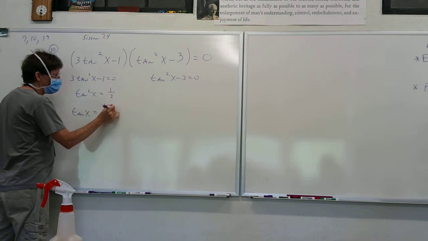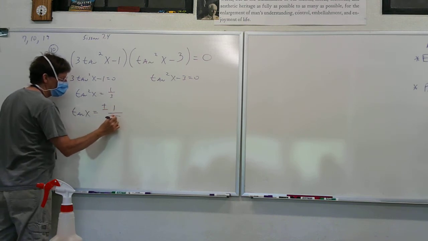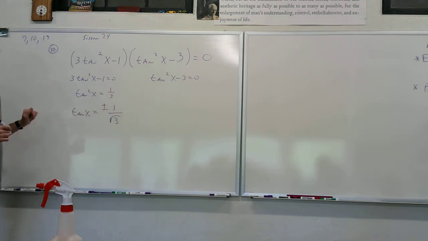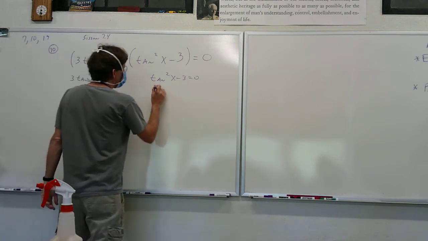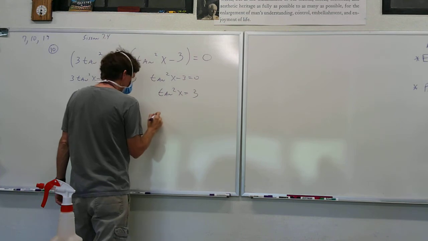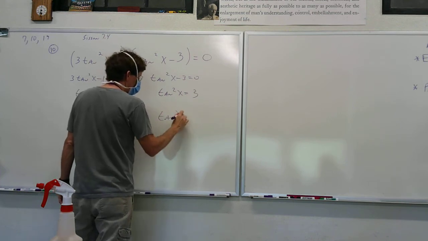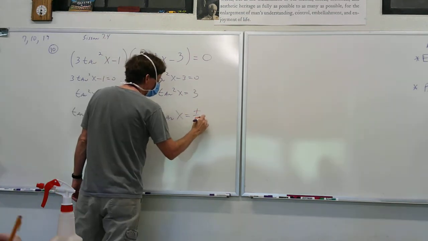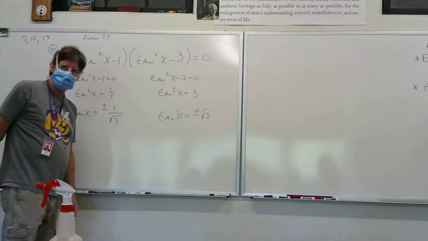Square root of 1 is 1, and then you've got your square root of 3. This one, tangent squared x equals 3. The tangent of x is equal to positive or negative square root of 3.